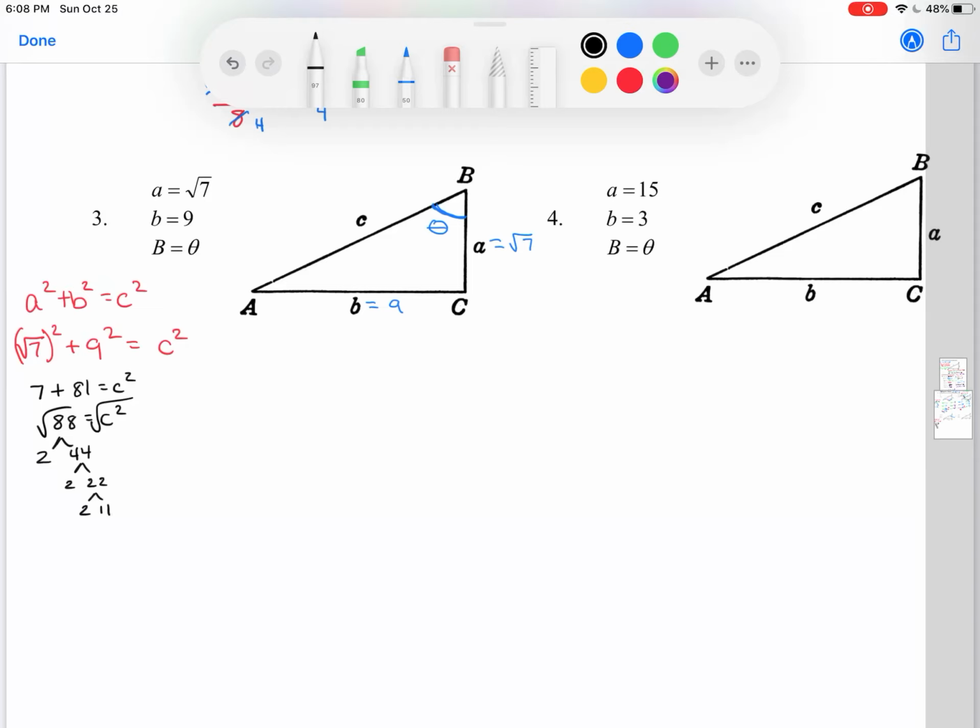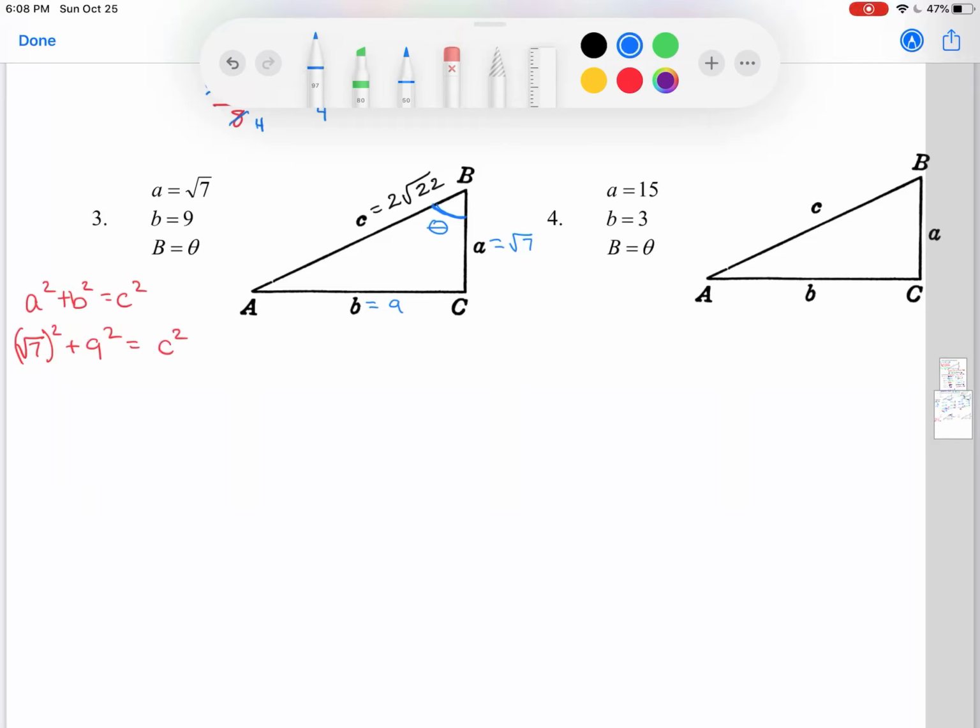Square root of 88. I got 2 and 44, 2 and 22, 2 and 11. I'm only able to take out one group of 2's. And then I had a 2 as well as an 11 still in there, so they multiplied back together to give me 22 in that square root.